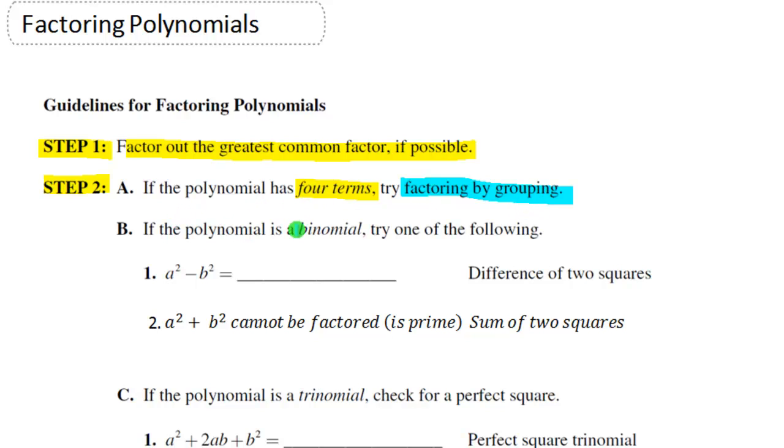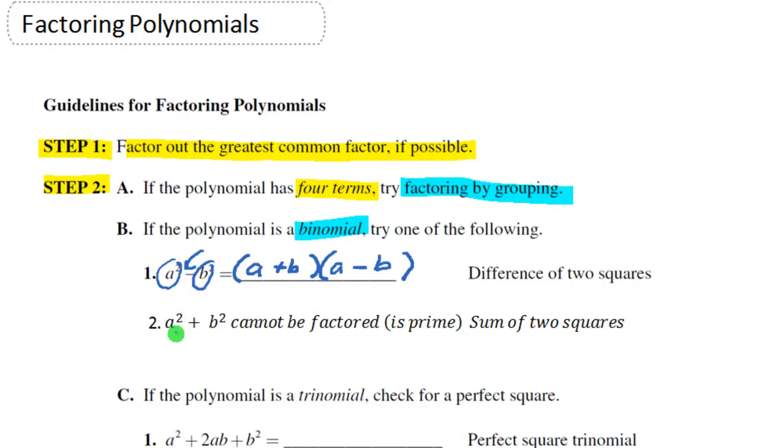If the polynomial is a binomial, then I want you to try one of the following. If you have a binomial and you know that you've got a difference, subtraction, and your 2 terms are perfect squares, then you've got the difference of 2 squares. And as you know from a previous video, we factor that as a plus b, a minus b.